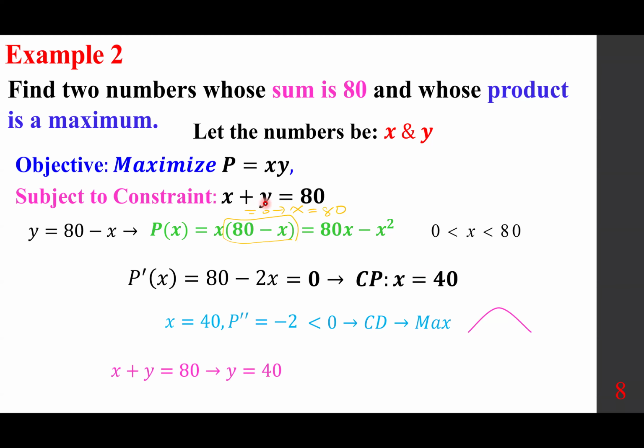That becomes also 40. And the maximum product is the product of 40 and 40, or 1600. That's pretty straightforward.